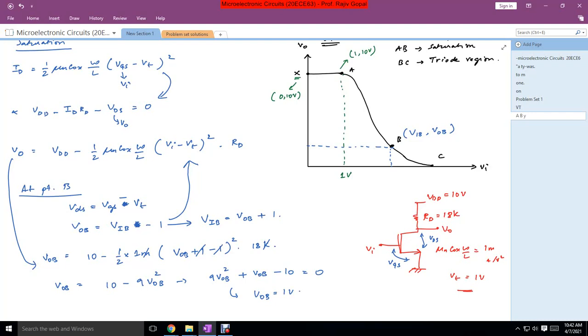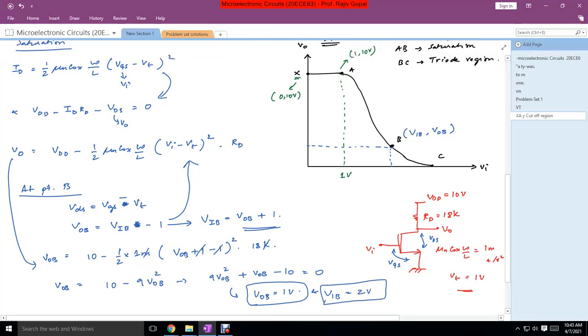The other value will be valid. But here you can straight away see that if VOB is 1, then 9 plus 1 minus 10 equals 0. So it satisfies. VOB is 1 volt, and VIB, which is VOB plus 1, is 2 volts. So I found the coordinates of point B.